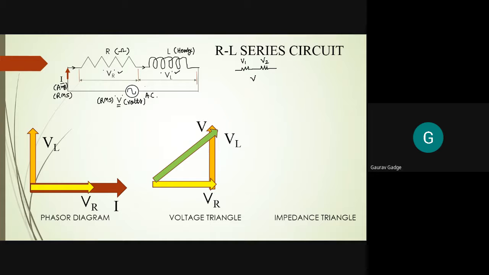If the supply voltage is V for DC, we can write V is equal to V1 plus V2. But as the supply voltage is sinusoidal, where the magnitude and angle both are changing, we have to write V is equal to the vector sum of VR and VL.